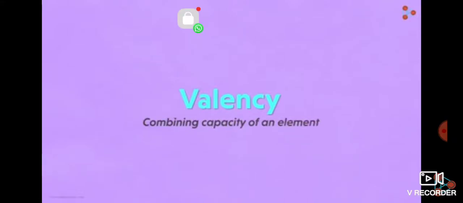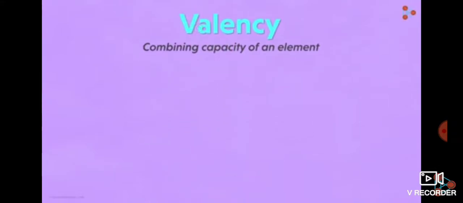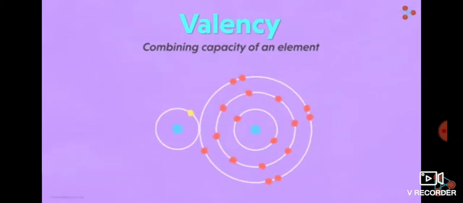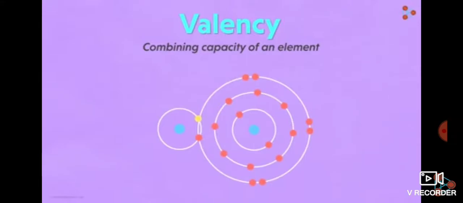In simple words, valency is defined as the combining capacity of an element. Now, what exactly do we mean by this? When we say combining capacity, that means how much can an atom bond with another atom. Does that mean how many electrons can be given or taken or even shared? Yes.